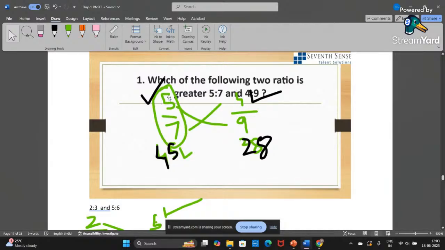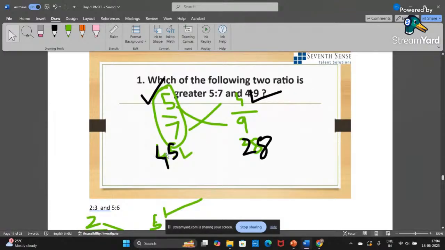Just write the numbers in the form of 5 by 7 and 4 by 9. Then just do the cross multiplication. 5 by 9, you consider this as a numerator. When you multiply, that number should be written below this. 5 into 9 is 45. I have written here. Same way, here also we have considered the numerator, so the value should be written below that. 28.